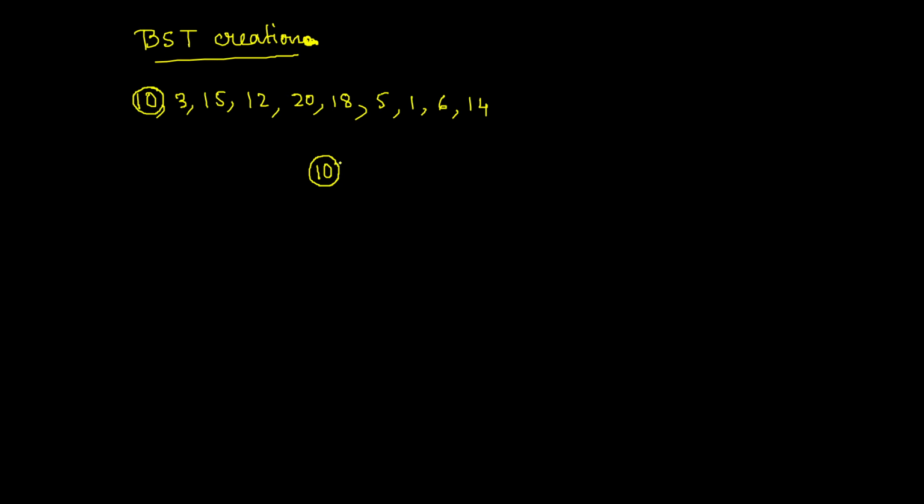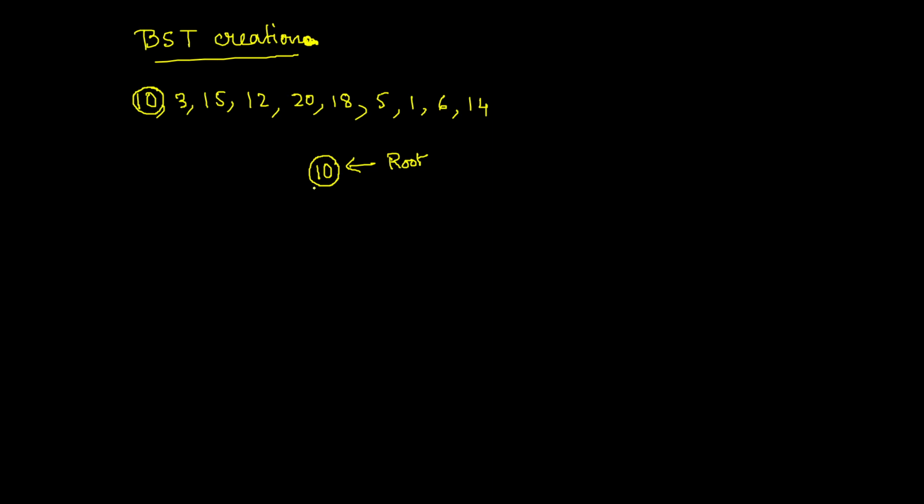Because for the other values, we will start every time checking with 10 to decide whether it will go towards the right or towards the left. So you see, we have 3 over here, and we check with 10, which is going to be the root of the tree. 3 is lesser than 10, so with respect to the rule of binary search tree, 3 should be on the left-hand side of 10.